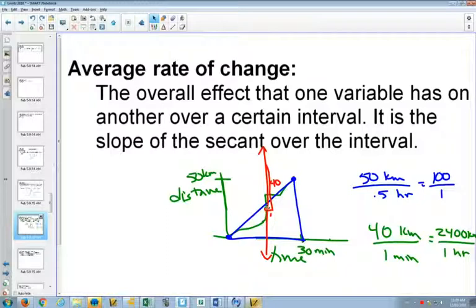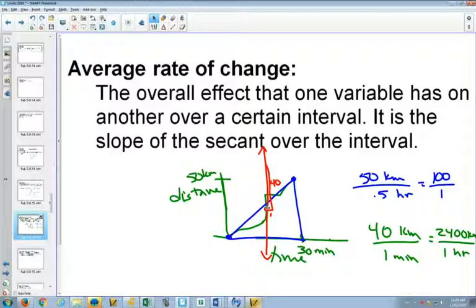So my graph probably isn't that realistic, but I think it gives a good example of the difference between an average rate of change, where you're taking the slope of your secant line, and your instantaneous rate of change, where you can draw your tangent at a specific point, calculate the slope of that tangent at that specific point, and then you'll be able to say, I know at about 15 minutes that your speedometer was saying 2,400 kilometers per hour.